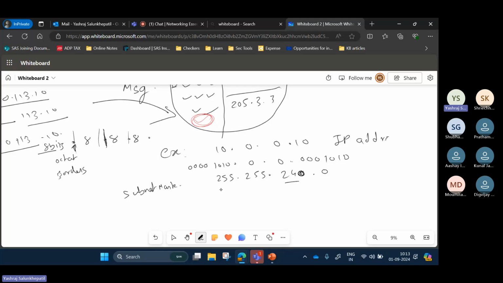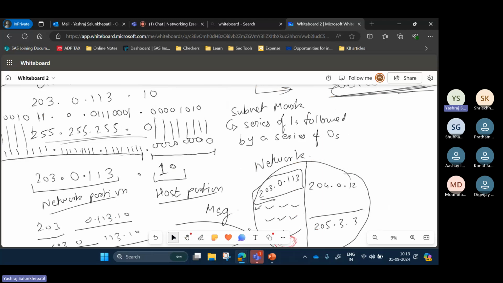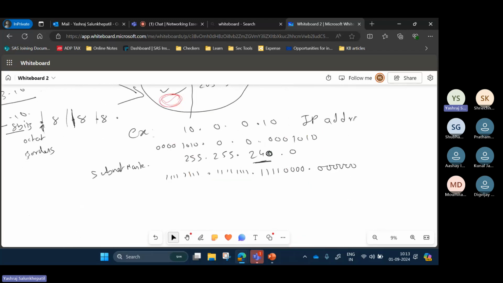Please note this is 240 now. Okay, so we have 11111111, 11111111, then 11110000, and then all zeros. Now what was subnet mask? Series of ones followed by a series of zeros.